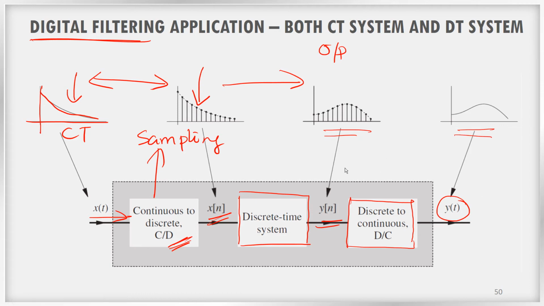This is one of the best examples where we can see conversion from the continuous time domain to the discrete time domain, processing in the discrete time system, that is a digital filter, and conversion back to the continuous time domain, and finally we get the continuous time output.